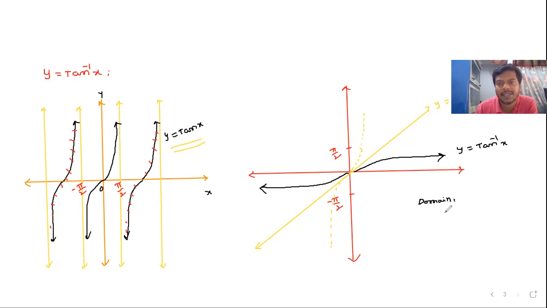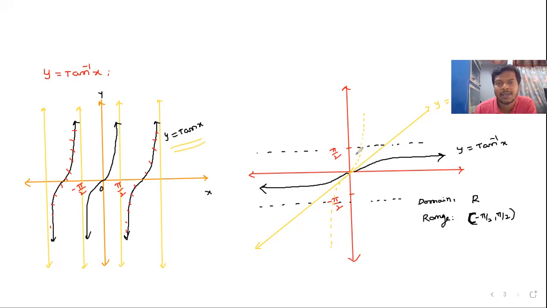First I am writing domain and then range. What is domain of this function? It is defined for all x belongs to R. Range, clearly open brackets from minus pi by 2 to pi by 2. Not closed, remember. Why? Because tan x is not defined at x equal to pi by 2, right?